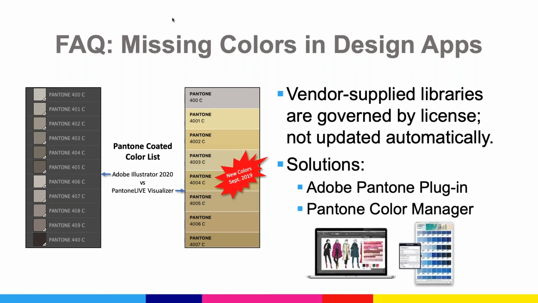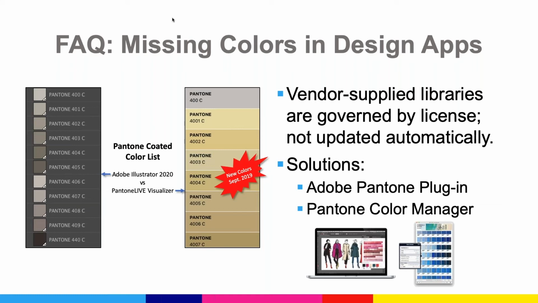The fact of the matter is that licensees get a set of data from Pantone as part of their process to introduce Pantone color identities within their product. And that is not always completely aligned with the schedule of color releases from Pantone itself. So a way to mitigate that is by use of either the Adobe Connect Pantone plugin, which is available on the Adobe Exchange for Creative Suite, or Pantone Color Manager, which has been around for a number of years.